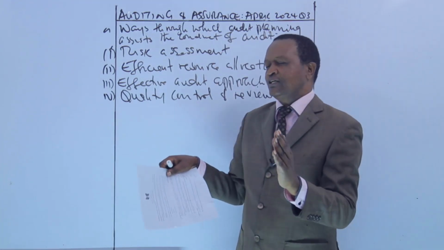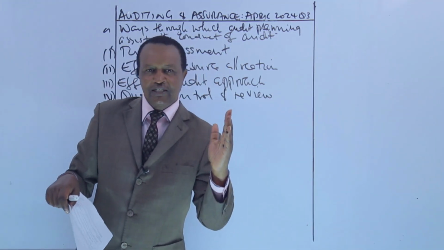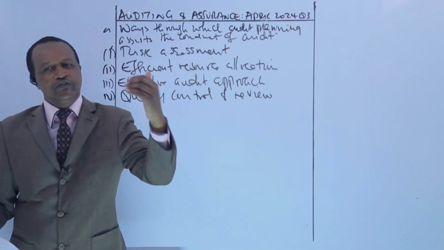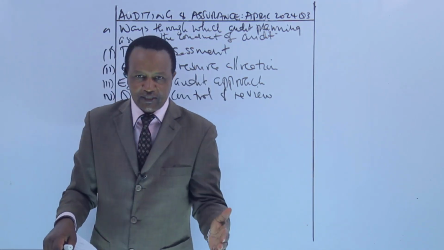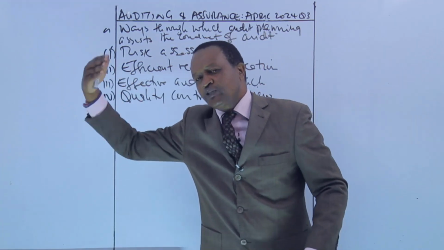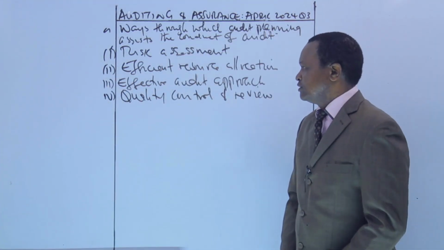That is to say, candidates, that the audit plan serves as a reference document for review by senior members, ensuring that the audit work meets the professional standards and regulatory requirements.